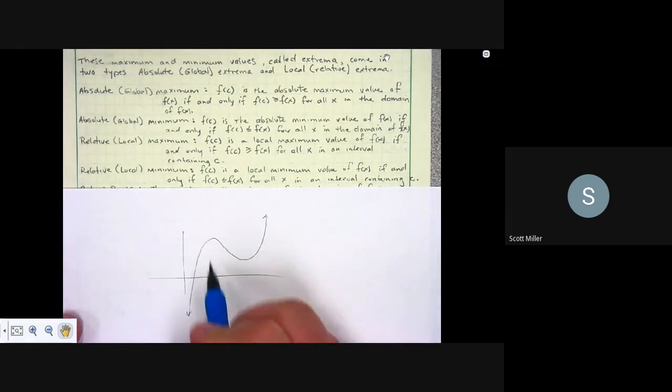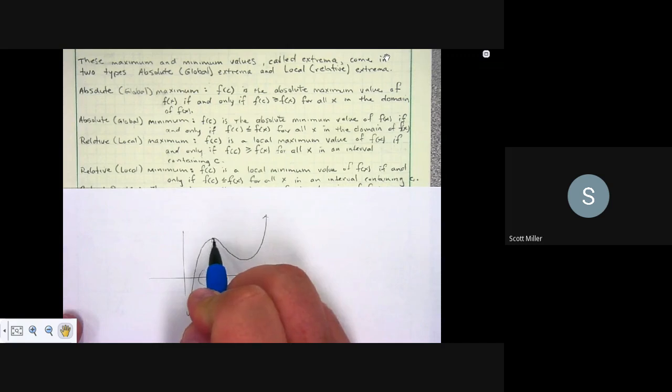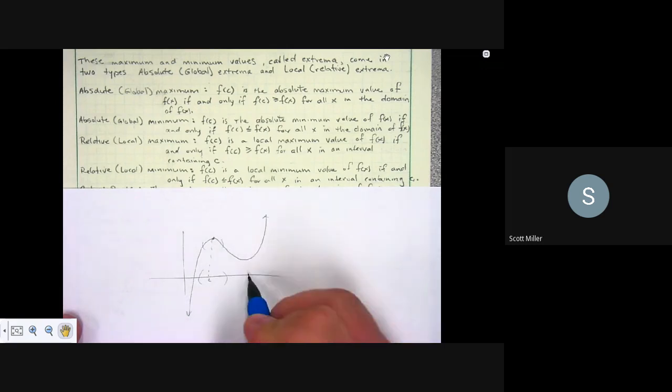But if I look right around this place, in this little interval right here, well, there's some c value right here in this little interval where this is the highest value of everything around it. Not for the whole thing, but just in that small interval. So this is what's called a local maximum. And then the same argument down here, there's a spot right here.